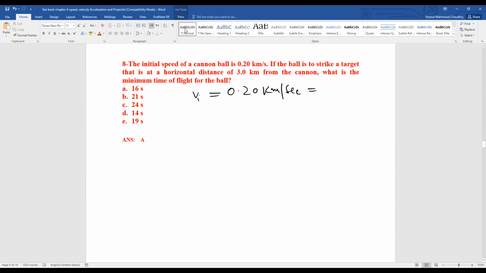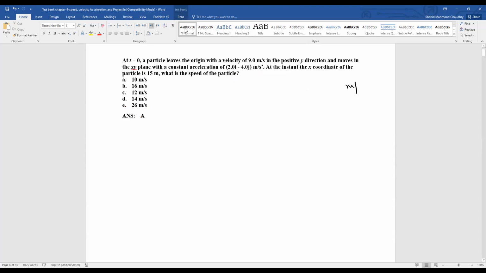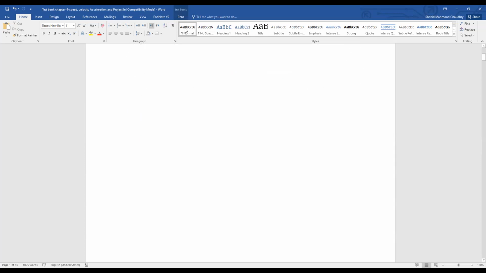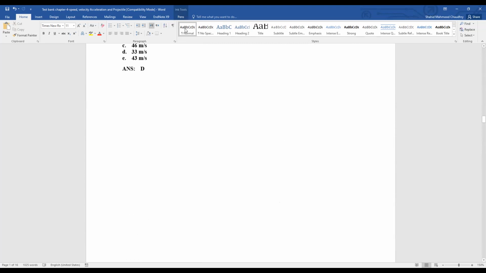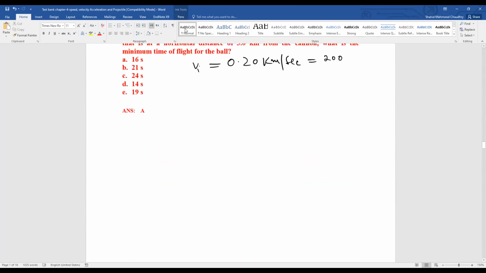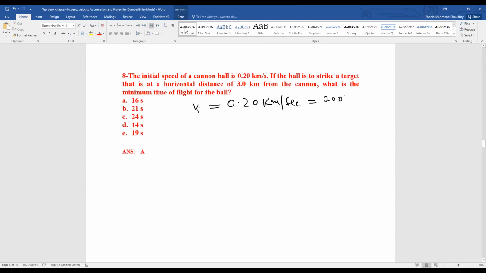You will convert it into meter per second, so the answer will be 200 meter per second. This is Vi.